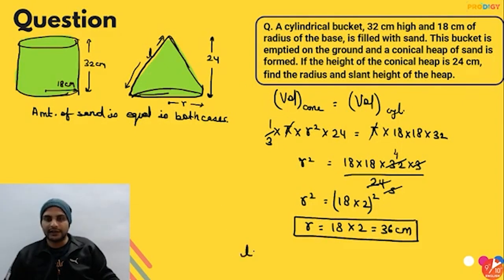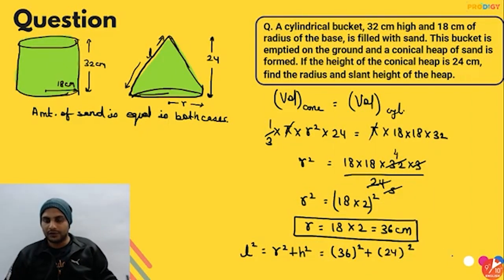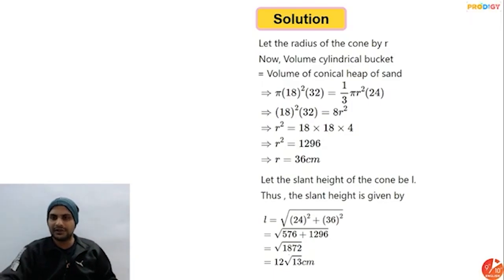I can say slant height L square will be equal to r square plus h square, which is 36 square plus 24 square, right? Sorry, r is 36 square and h is 24 square, and I think this is going to be some irrational number. 12 root 13 you are getting.